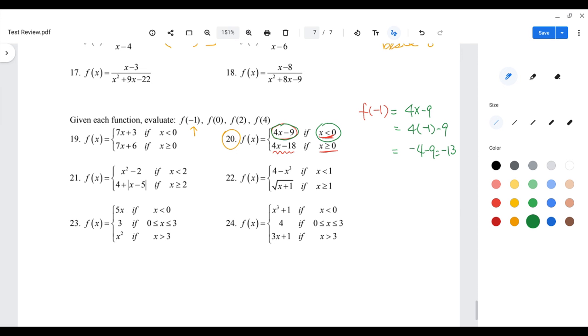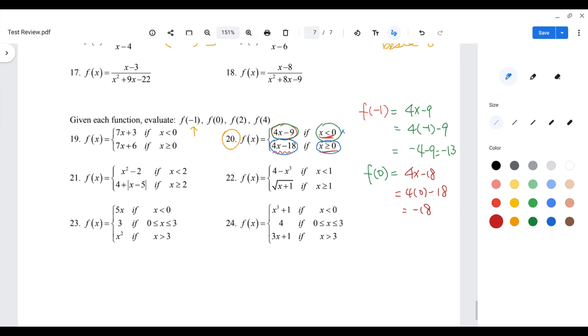Pretty straightforward, huh? And the second function, you replace x with 0. Now, where is 0? 0 is not the first one. 0 is actually the second function because x is bigger than or equal to 0. So it belongs to the second category. Then we use the second function: f of 0 equals 4 times 0 minus 18, which gives you negative 18.